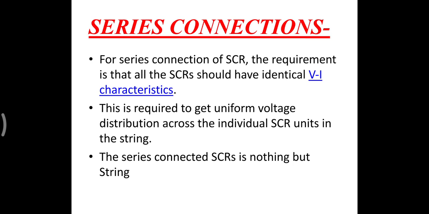The requirement is that the VI characteristics of the two SCRs should be identical, for uniform distribution of voltage. If we apply 1200 volts, each SCR should have a bearing capacity of 600 volts and 600 volts.